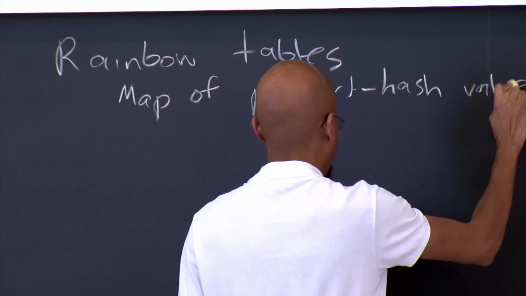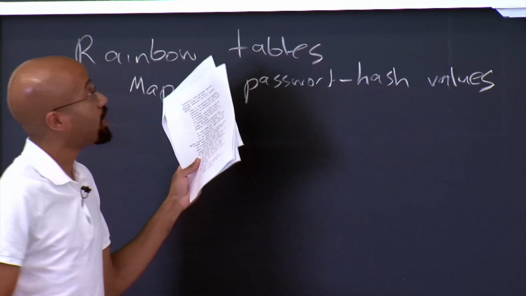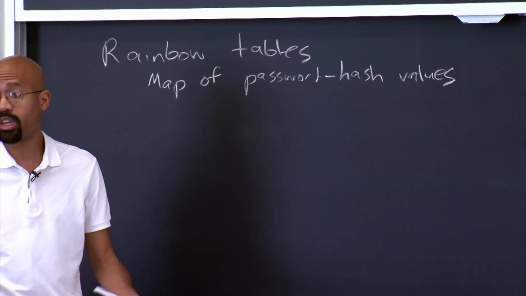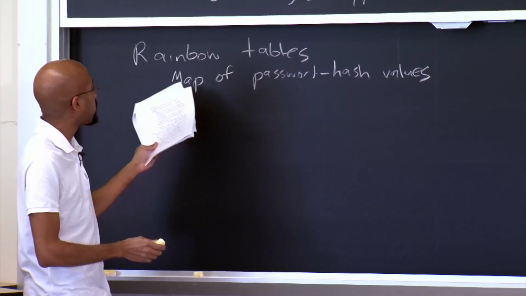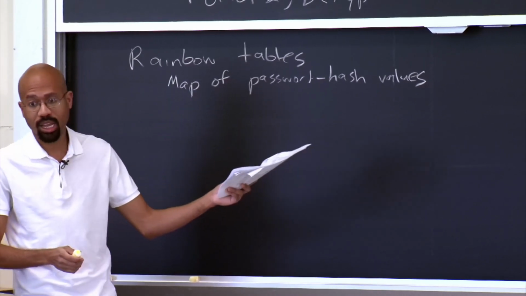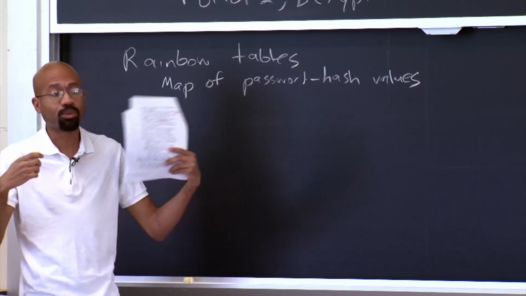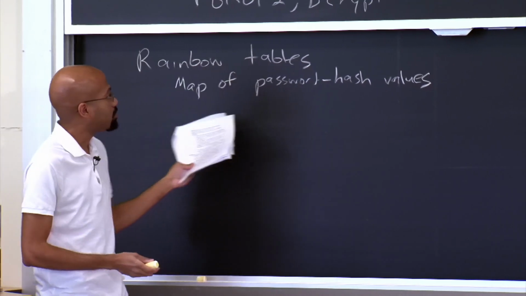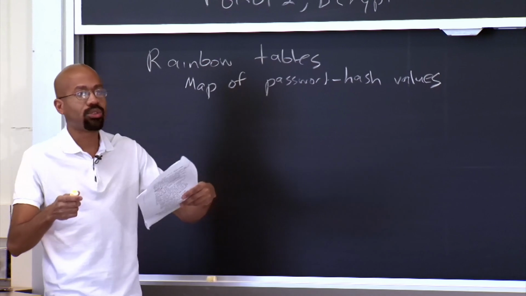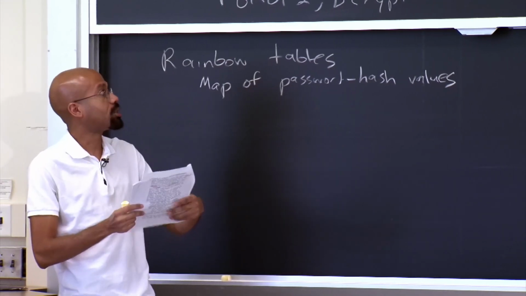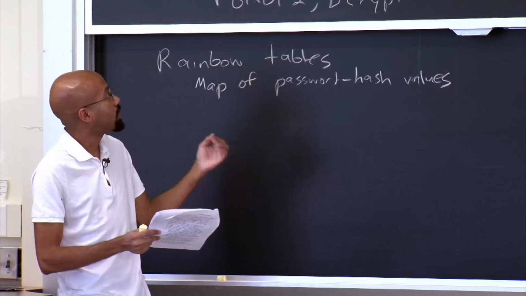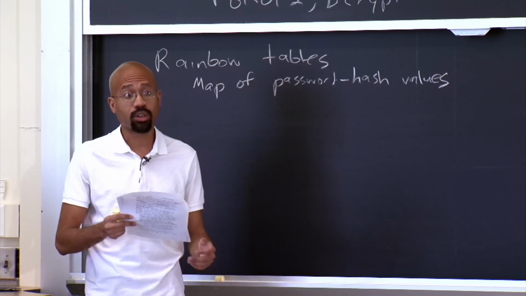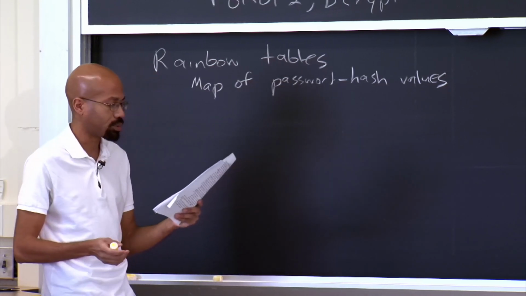And so the insight here is that even if the system is using one of these expensive key derivation functions, the attacker can calculate one of these tables once. Okay, it might be a little bit painful because each key derivation function invocation is slow, but the attacker can build this table once and then use that to crack all subsequent systems the attacker can break into that use that same key derivation function. Okay, so that's how rainbow tables work.